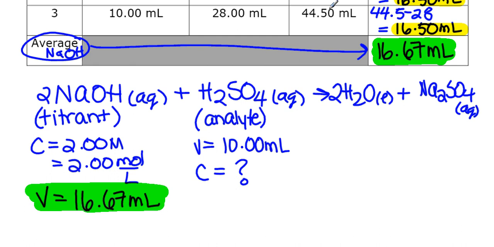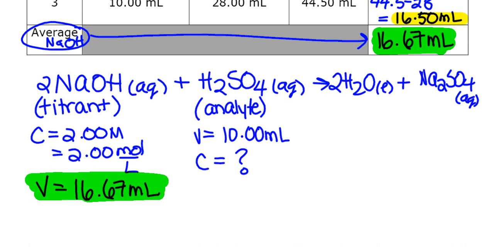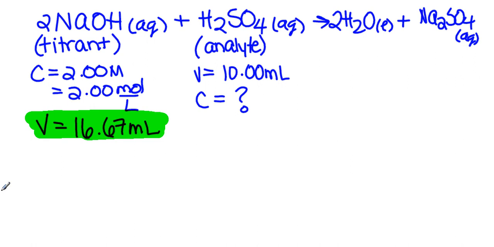So now that we've taken our data from our titration trials, now we can take a look at our balanced equation and the data that we have. We're going to completely ignore the rest, which is why I've moved it out of view here. Now take a look at the scenario we have.